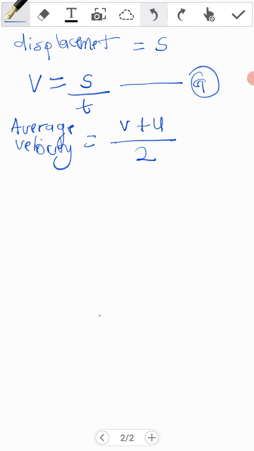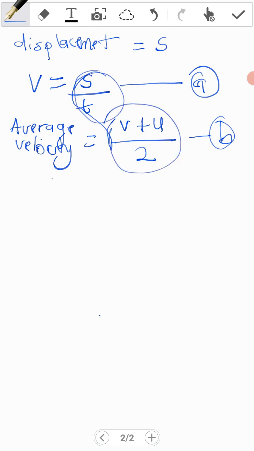The same average velocity can be found this way, so this can be our equation B. Because they are all average velocity, we can say that they are equal. So S over T is equal to V plus U over 2.